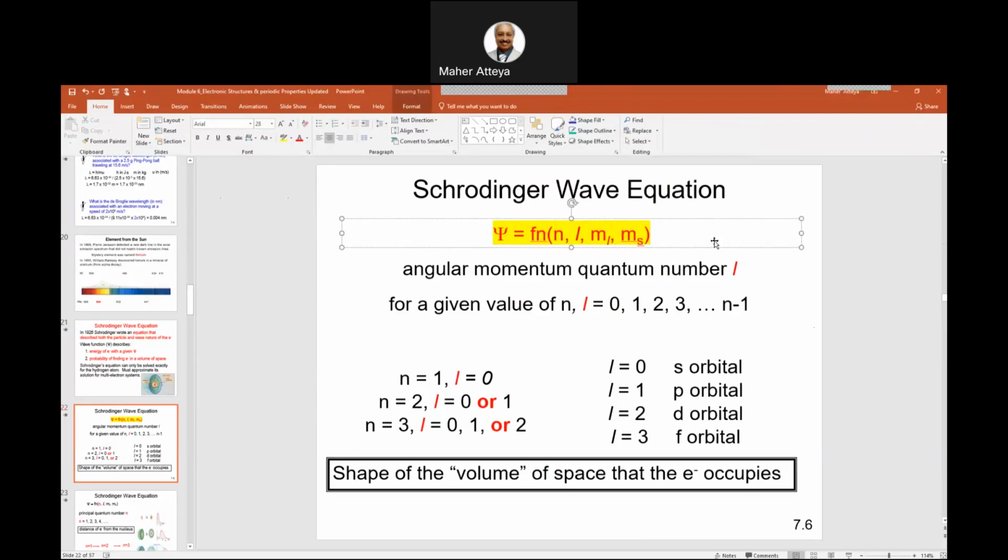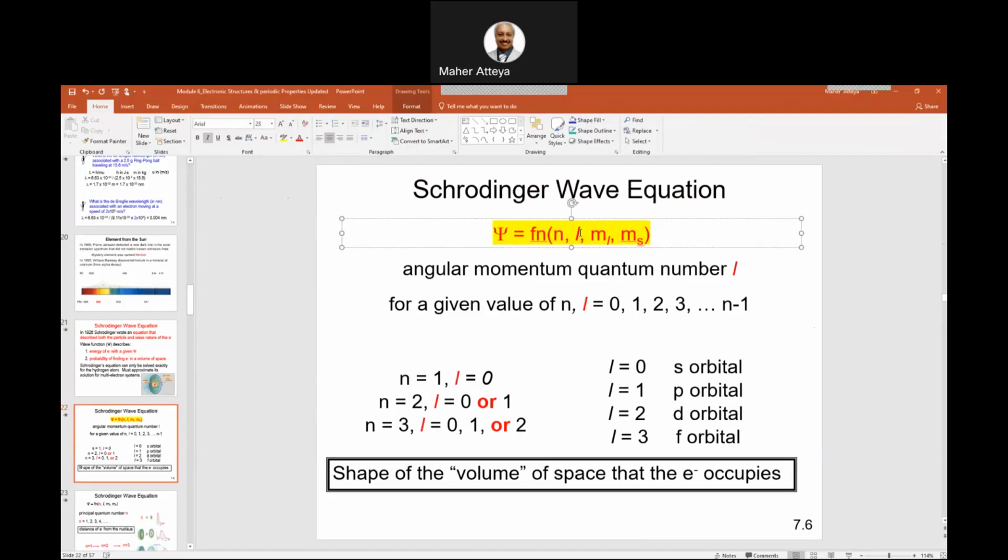So let's look at this. It came out with N. N is the energy level, correct? That's the energy near the nucleus. N equal 1, that's the first one, the orbital number 1 with its associated energy. So it describes the energy. L, correct? L is the orientation.